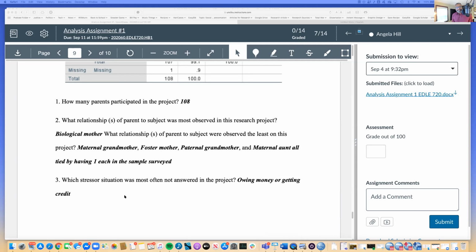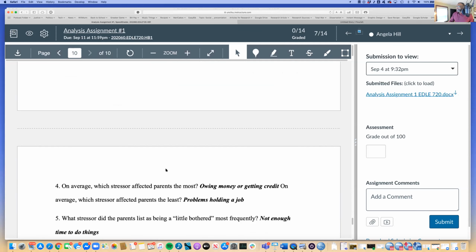Which one? The relationship of parent to subject, or mode? That's right. Absolutely. Because we're looking for the occurrences or frequencies. That's absolutely right. So I probably should have said frequency statistic that we see there most often.